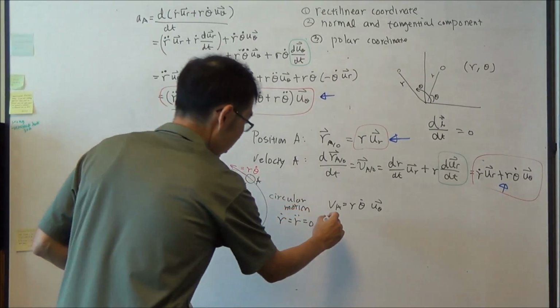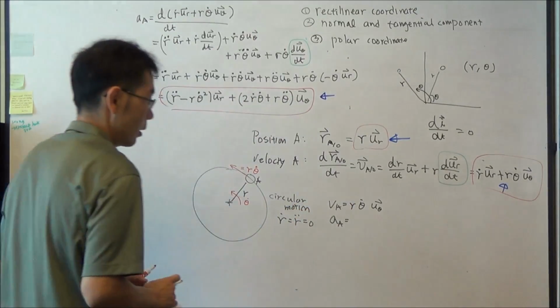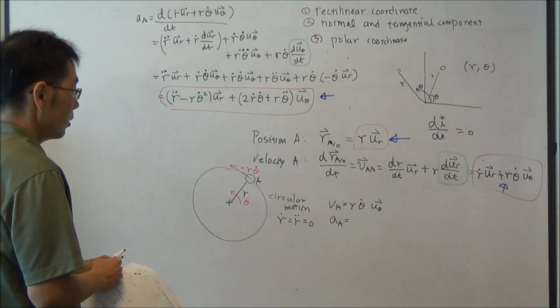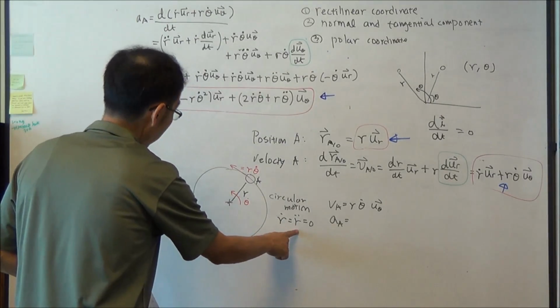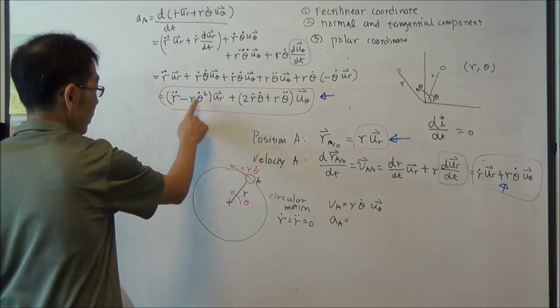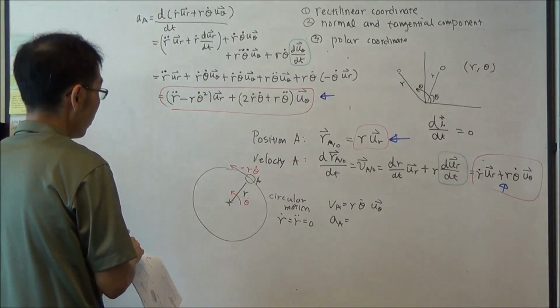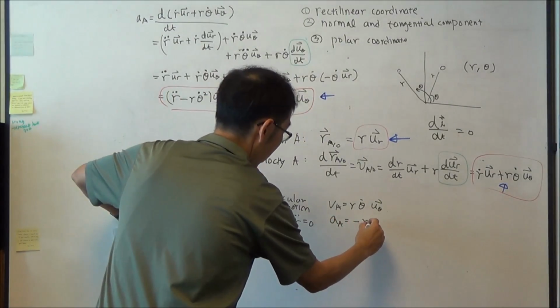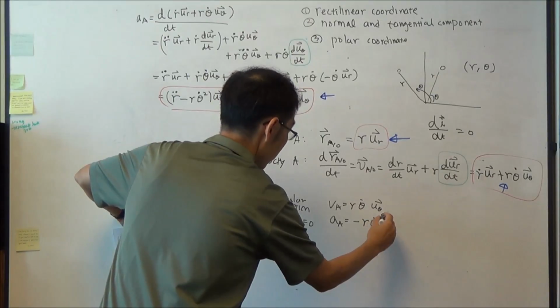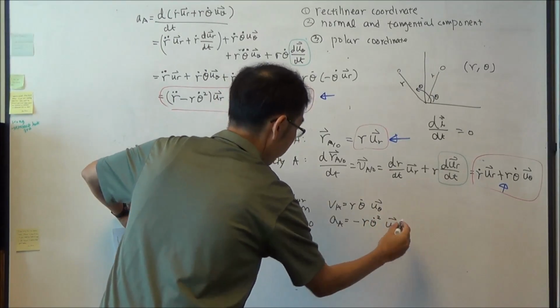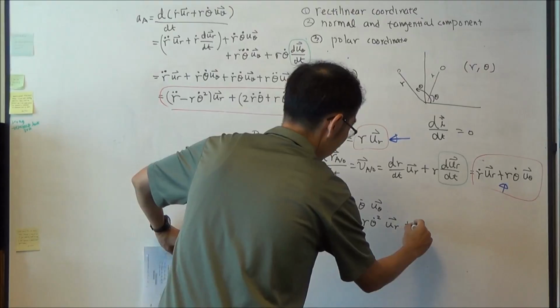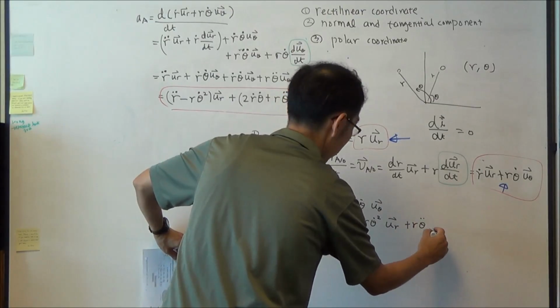How about the acceleration? I told you that r dot and r double dot will be 0, so this term will be 0, and this one will be 0. So this is minus r theta dot squared u_r, and then this is r theta double dot u theta.